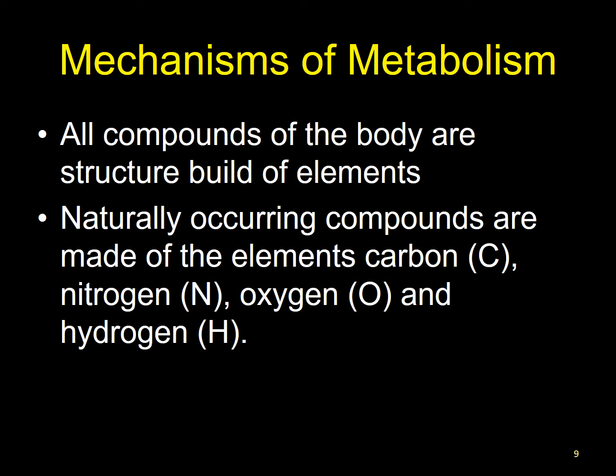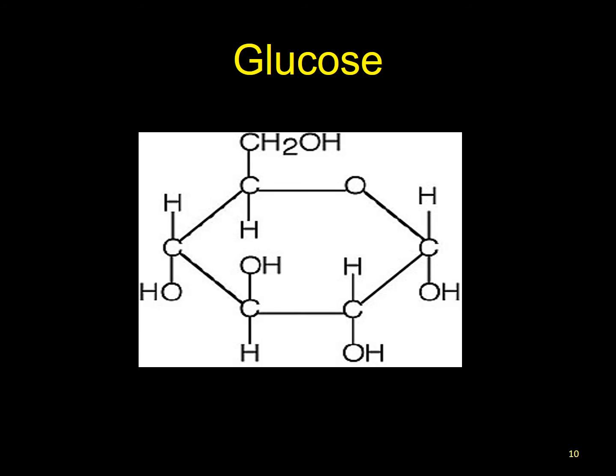So everything, whether it's a naturally occurring compound or a drug, is built from the elements. So for example, glucose, right? Glucose, by way of scientific notation, is C6H12O6. That's C6, 6 carbons, H12, 12 hydrogens, O6, 6 oxygens, and here they are.